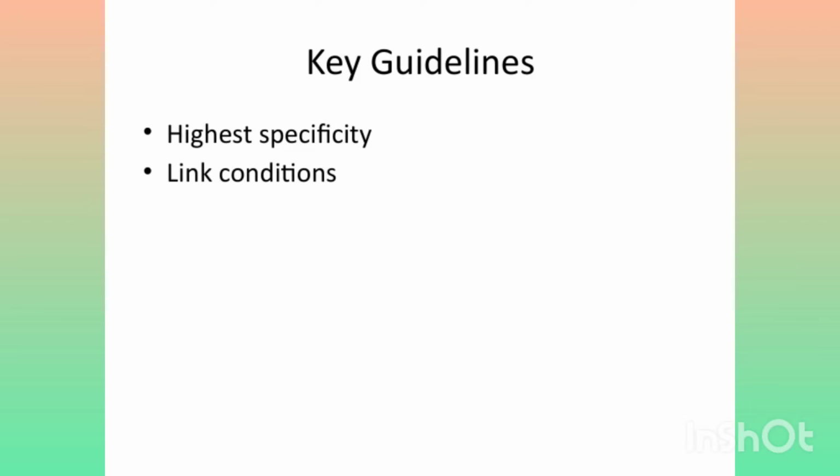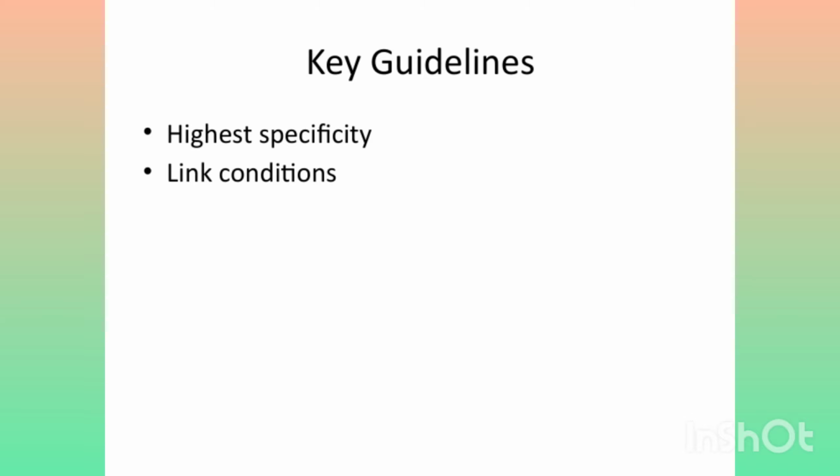Let's now focus on the concept of highest specificity when linking conditions. This is all about ensuring that the conditions we use to connect different pieces of information are as precise as possible. By doing so, we minimize ambiguity and improve the accuracy of our conclusions. It's important to choose key guidelines that help us identify these specific link conditions clearly.